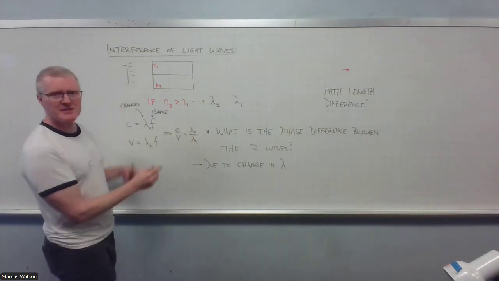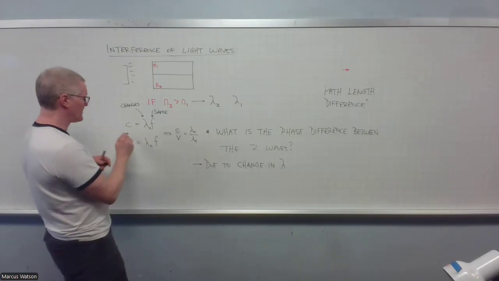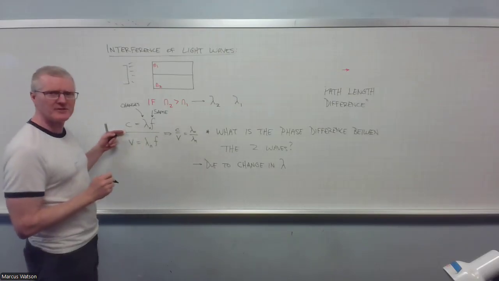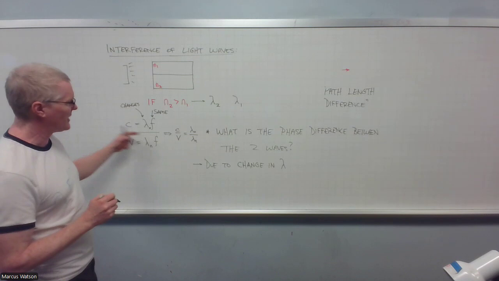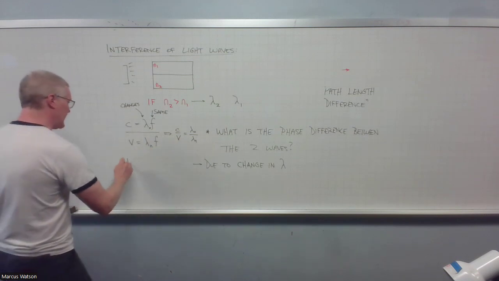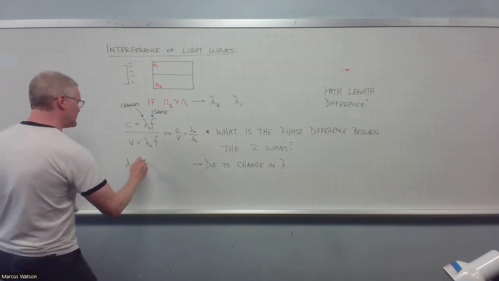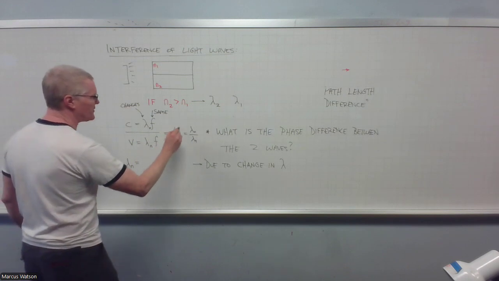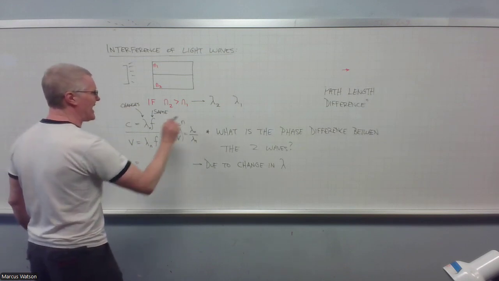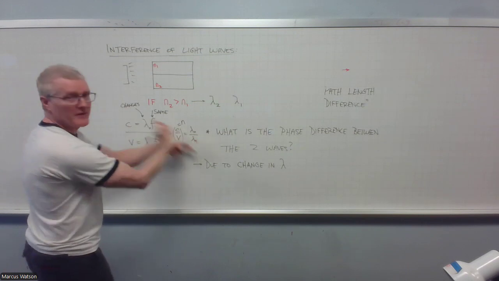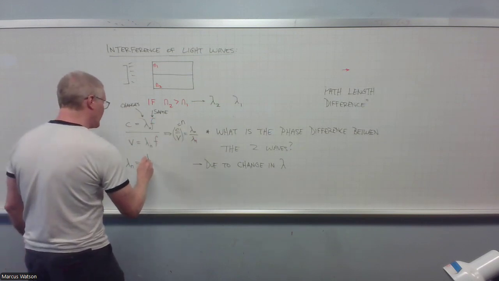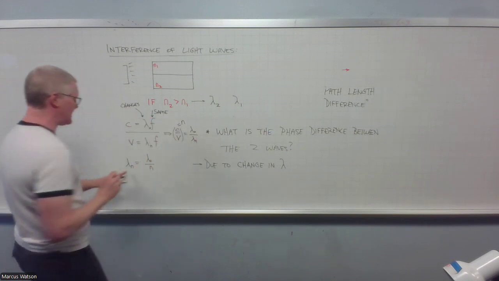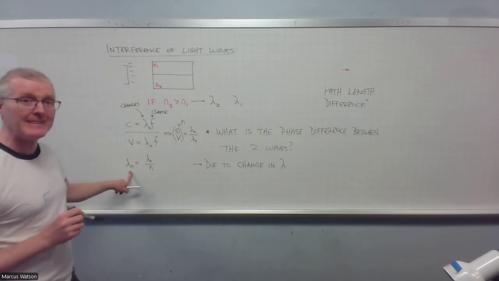The frequencies are still the same, so they will cancel out, right? So if I just did a division of these two, I would get that, which means that lambda n is equal to, if you notice that c over v here, this is actually equal to n. All I got to do is flip-flop those two, and I notice that lambda naught divided by n is the new wavelength in the material.